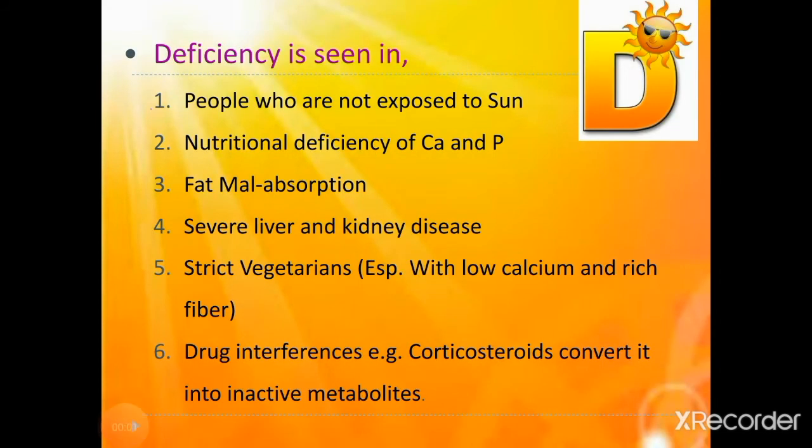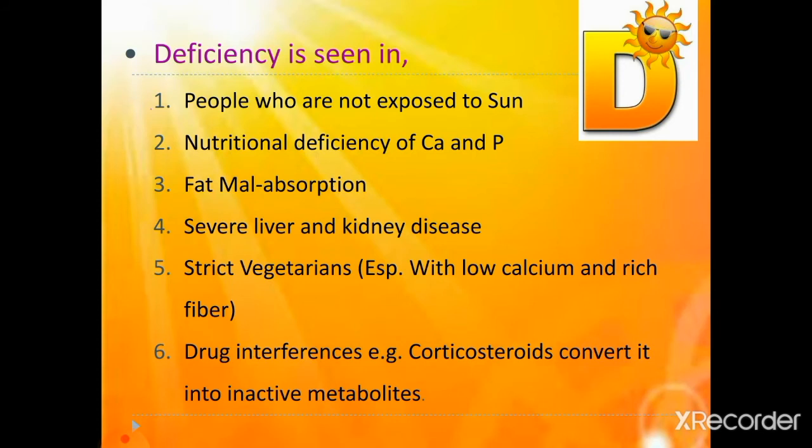Let me move on to the causes of vitamin D deficiency. It is mainly seen in people who are not exposed to sun. Then when there is a nutritional deficiency of calcium and phosphorus. Then if there is fat malabsorption, since vitamin D is a fat soluble vitamin, in any fat malabsorption diseases this vitamin D deficiency will also be seen.